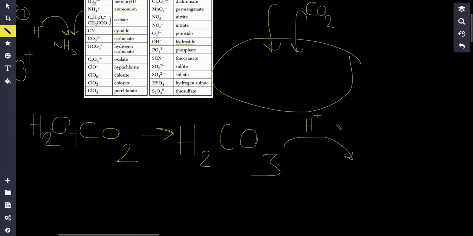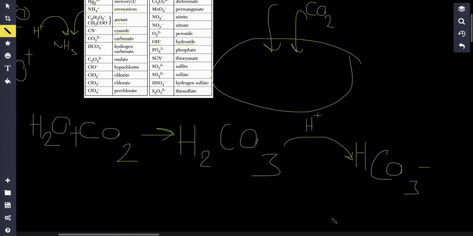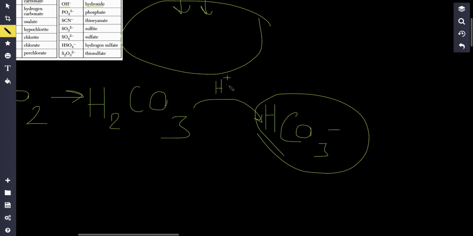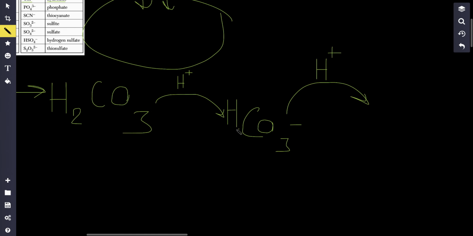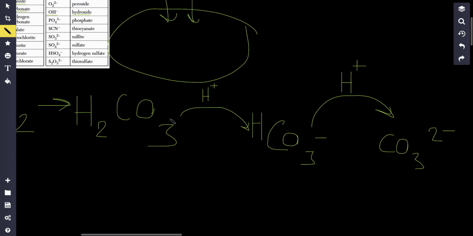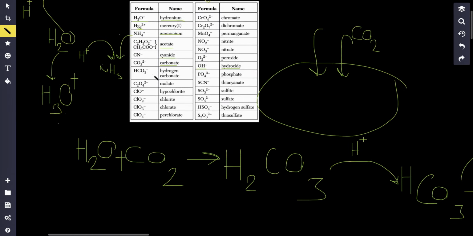Acids like to give away H+ ions. So if you give away an H+ ion, you're going to get HCO3-, and it's going to be negatively charged, because you've given away a positive charge. And if I do this again, giving away another H+ ion, I'm going to become CO3 2-. I gain another negative charge because I have lost another positive charge. This is something known as a polyprotic acid, where you're able to give away more than one H+ ion from the total thing that you have.